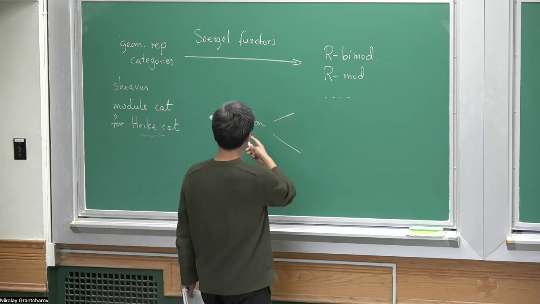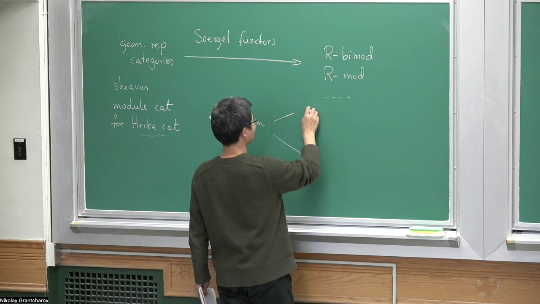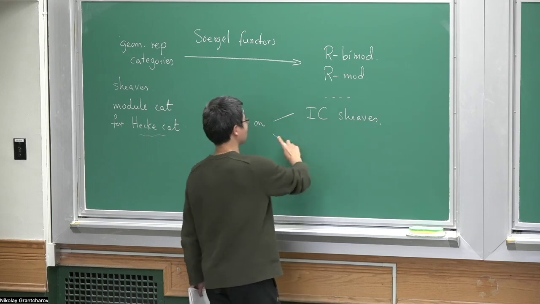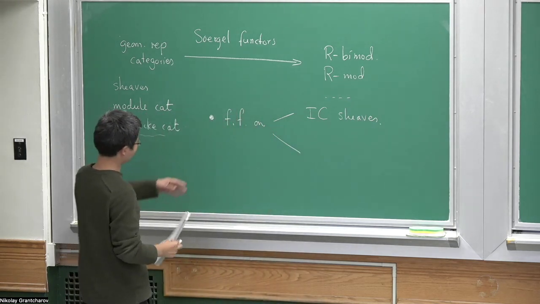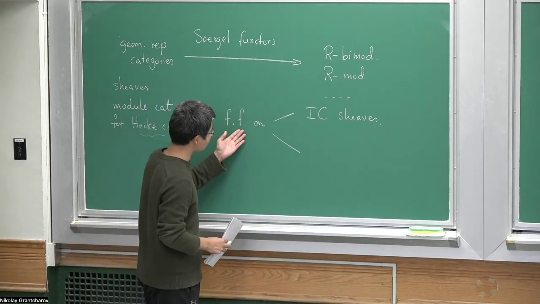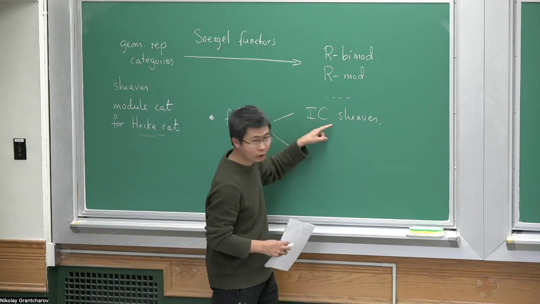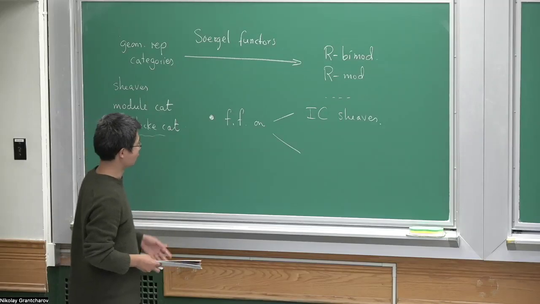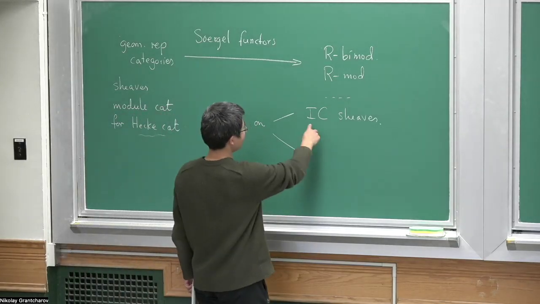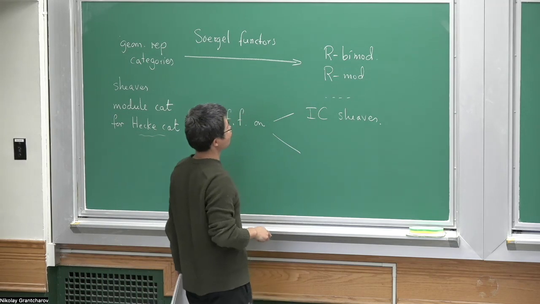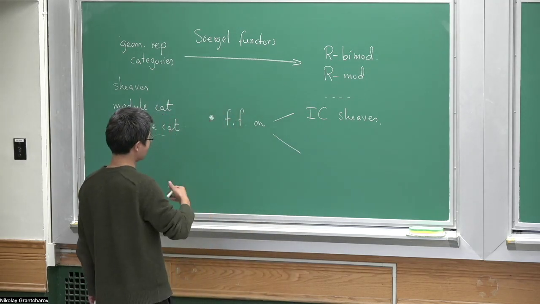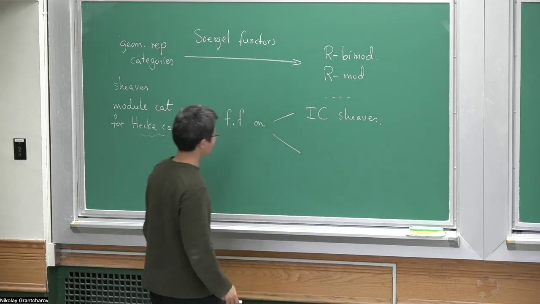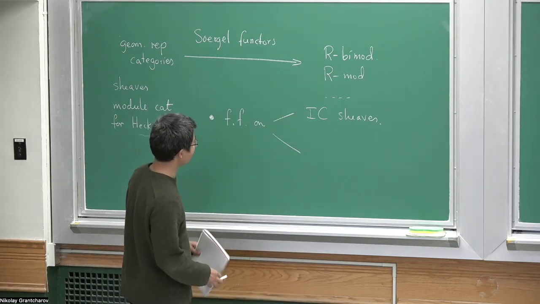One kind is fully faithful on IC sheaves. This means, when I talk about Homs between two IC sheaves, I take the graded vector space of their Ext groups. Likewise, the target is also graded modules, and fully faithful refers to the whole graded module.